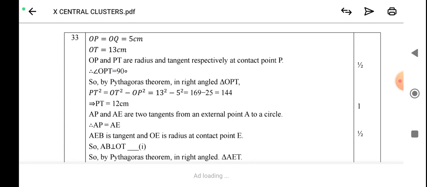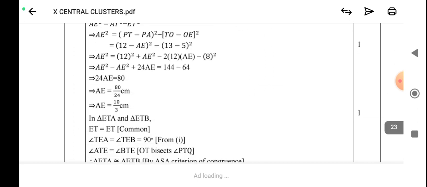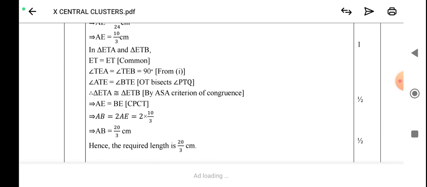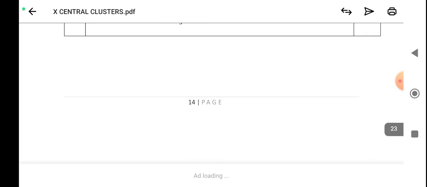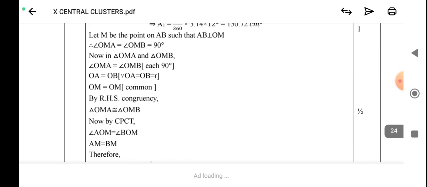My 33rd question, circles still. We can use any way, many other ways to do this. I think it is example 3 in circles. And then the 34th question, areas related to circles.